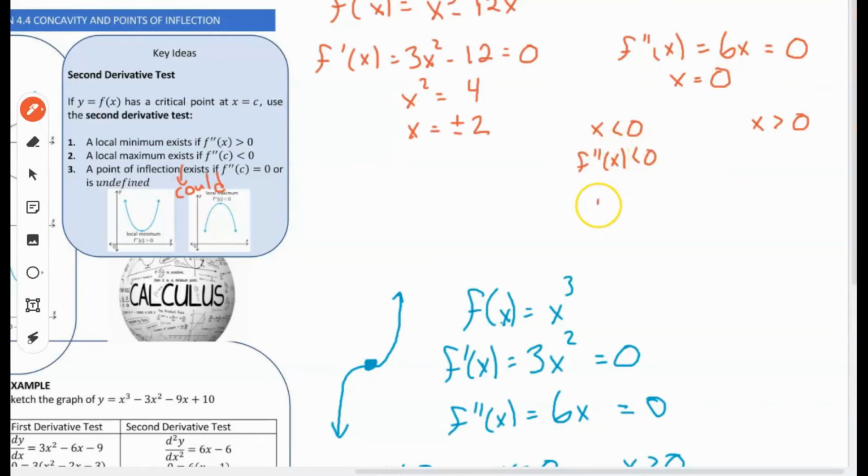That means we are getting a concave down shape like this. When x is positive, we get a positive value, right? So that means we're getting a concave up shape like this. So what that means is when x does equal 0, we get a point of inflection.